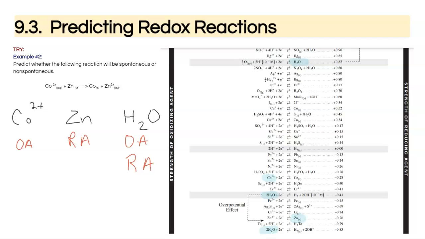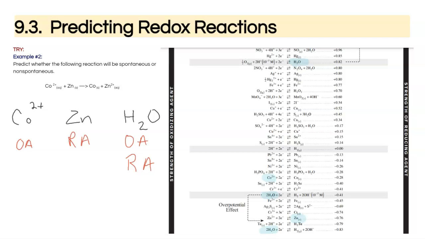Now we've got to add in the bit about the position of my strongest oxidizing agent and my strongest reducing agent. You'll remember that on the sides of our chart, the stronger the oxidizing agent, the higher it will be on the list. And the opposite is true on my reducing agent side, where the lower I see a species on my reducing agent side, the stronger a reducing agent it is.